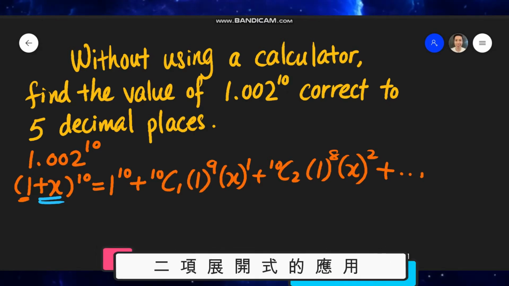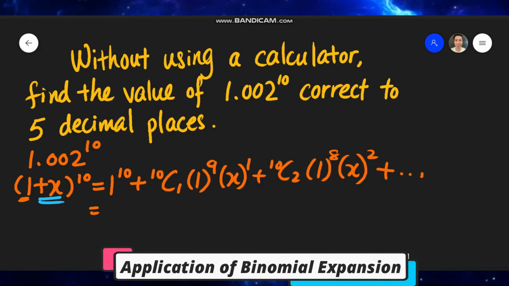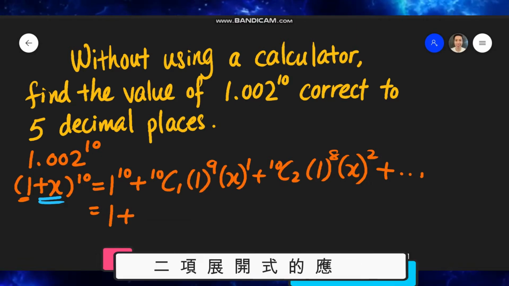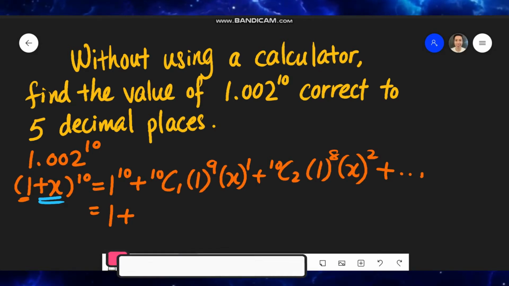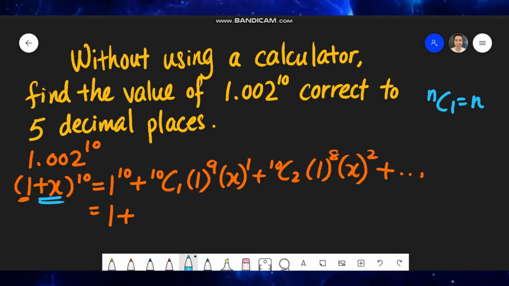Next part, we may simplify the terms now. So 1 to the power of 10 is 1. Here is plus 10C1. I need you all to know one concept, that nC1 is n, right? So hence 10C1 is 10.